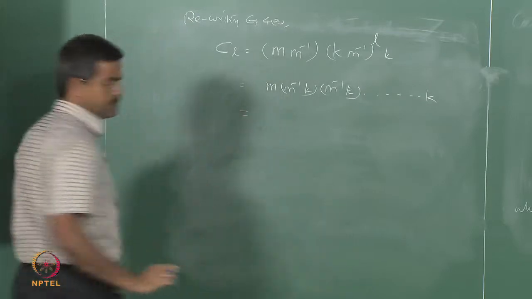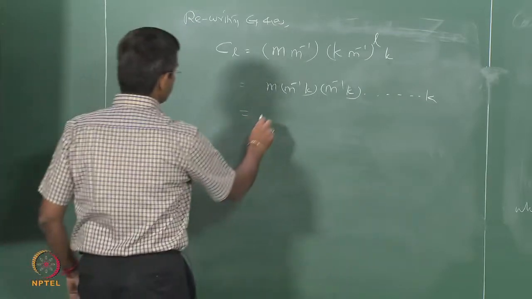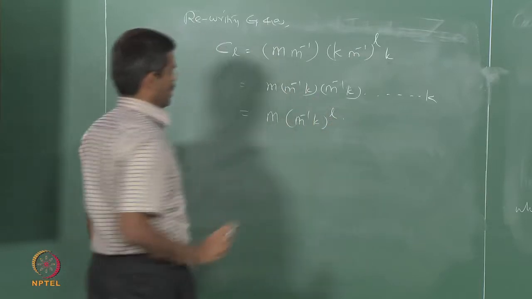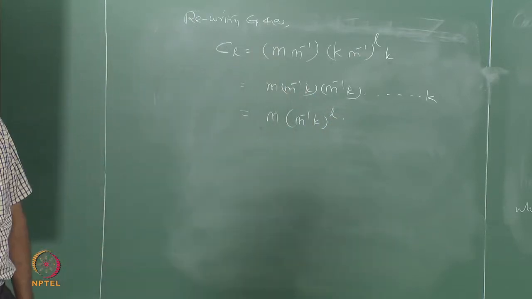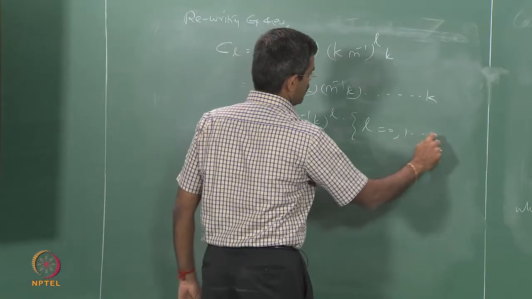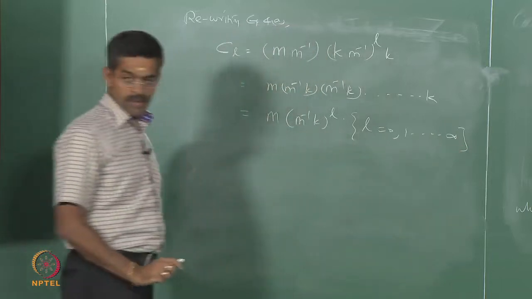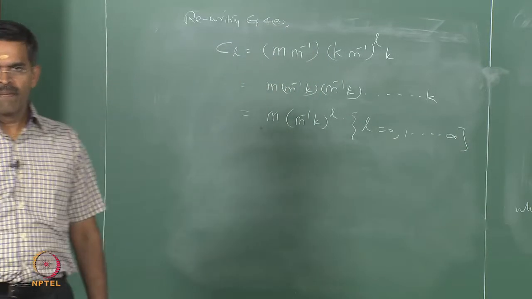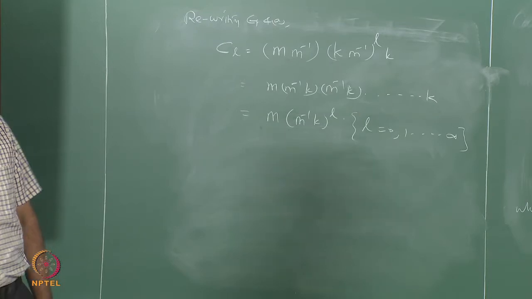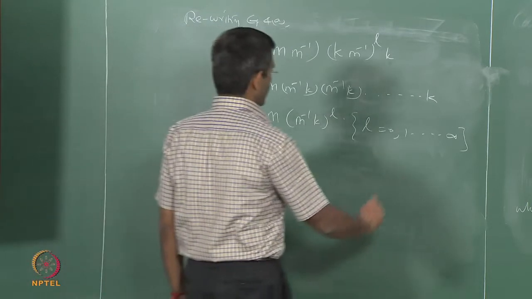which will end up as m inverse k to the power n, where L can be infinity. I call this equation number 5.